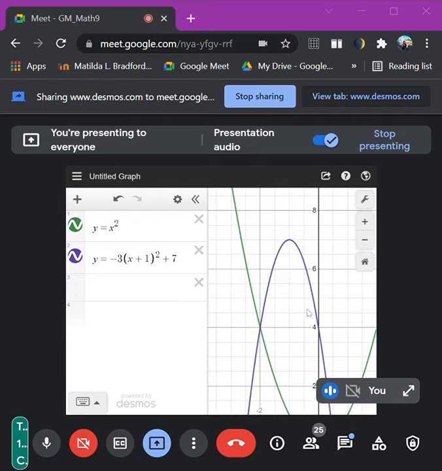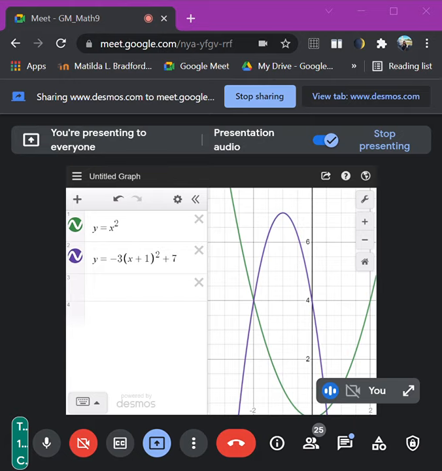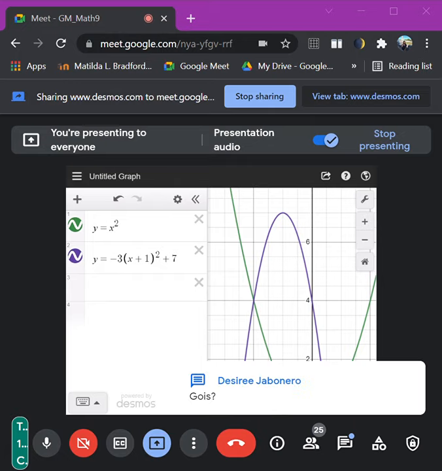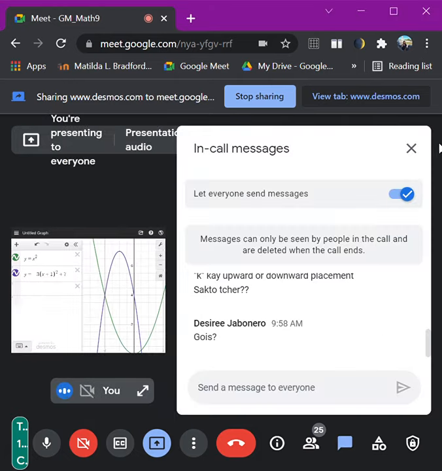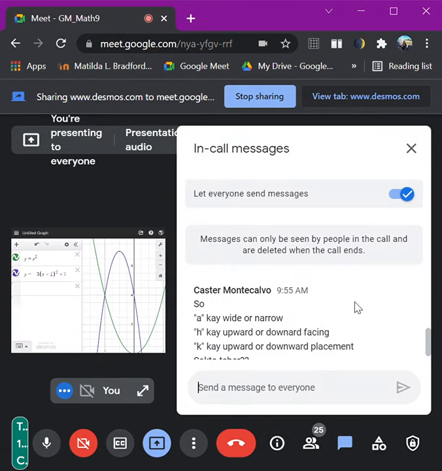Okay? So that is how we know the effects of changing A, H, and K. Any questions, or is anyone confused? Okay. A tells whether the graph is wide or narrow, and whether it opens upward or downward.